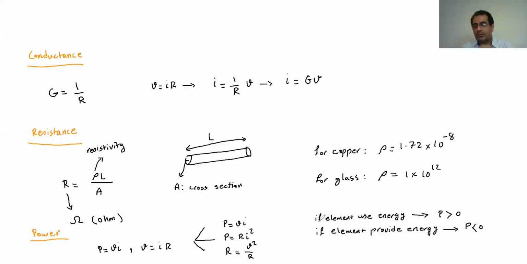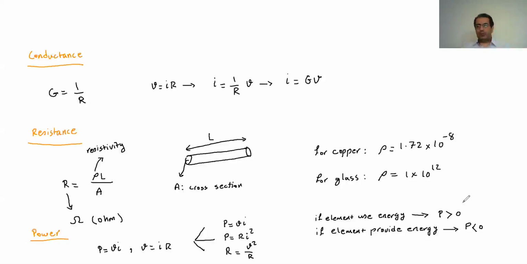In most cases, the battery provides energy, so the power of the battery is negative. In all cases that we have a resistor, it uses the energy. So in all cases that involve a resistor, the resistor's power is positive, like the lamp. When you say that this lamp, for example, is 100 watts, it means that it always absorbs that much energy.